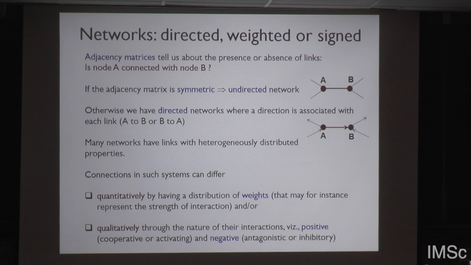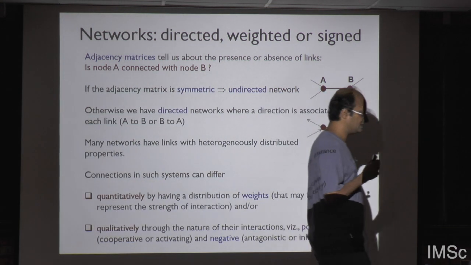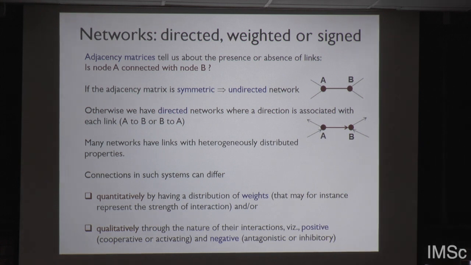Now, I also mentioned that adjacency only tells you whether a connection exists or does not exist, but I might be looking for properties which go beyond such information. For example, I can have many friends, but there are some friends with whom I talk more often than others.